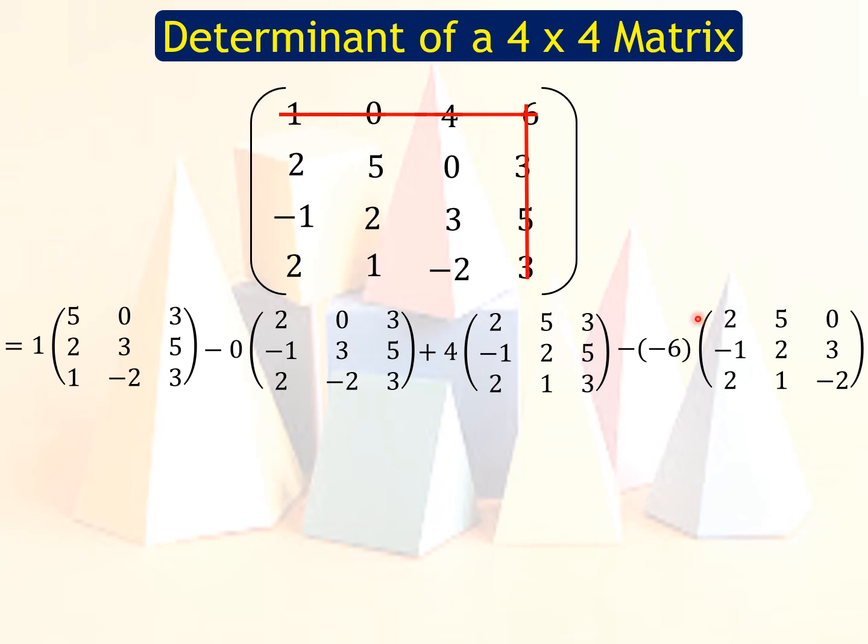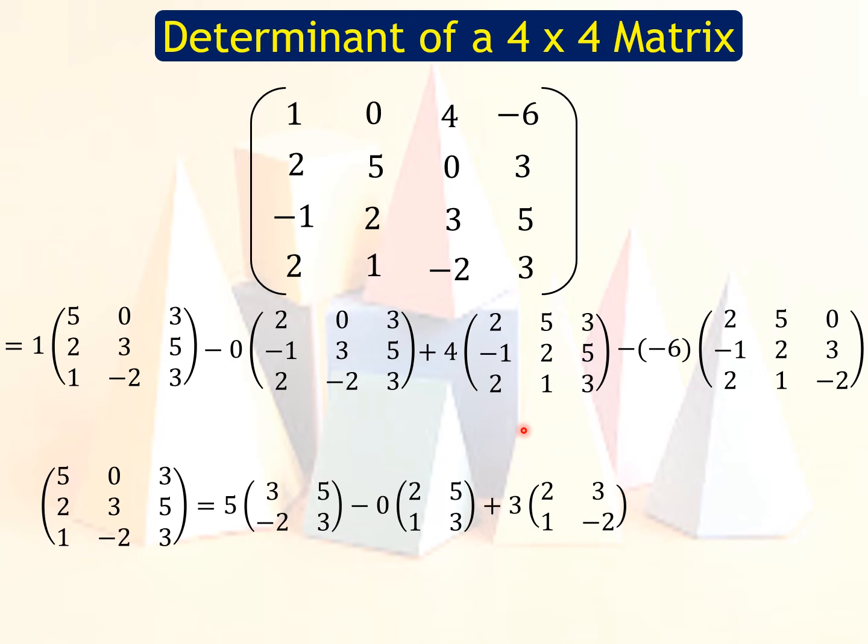So we have minus, since this is plus, so minus negative 6, 2, 5, 0, negative 1, 2, 3, 2, 1, negative 2. So from here, we are going to have the determinant of each of the matrix. But as you can see here, it is to be multiplied by 0, so we just need to eliminate it.